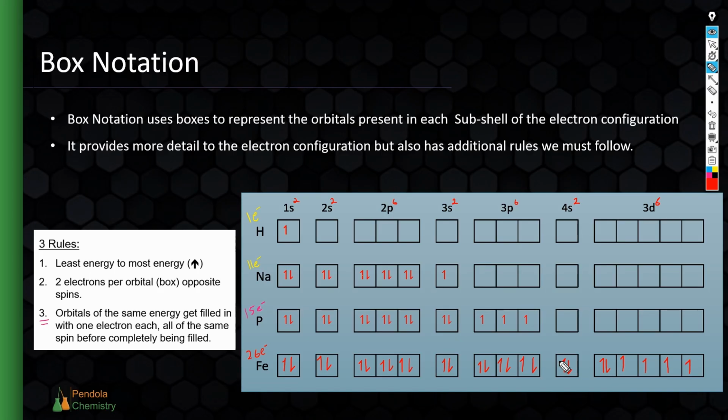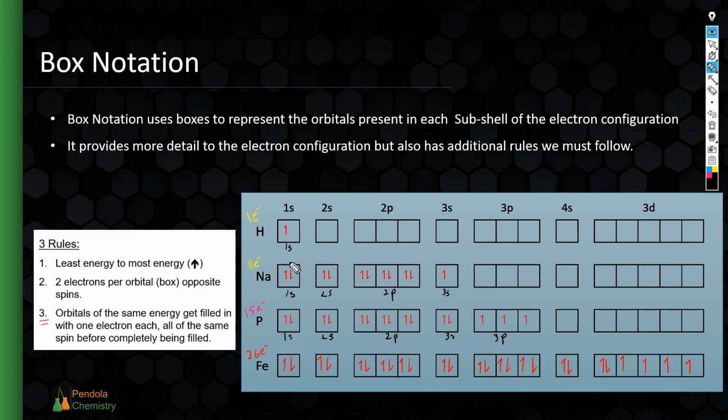Now, normally we wouldn't obviously put all of them stacked up like this. So normally, if I wanted to do hydrogen, I would just put the 1s below it, or on top or below the box. If I went to do sodium, I would put 1s, 2s, 2p, 3s. If I wanted to do phosphorus, I would do 1s, 2s, 2p, 3s, 3p.